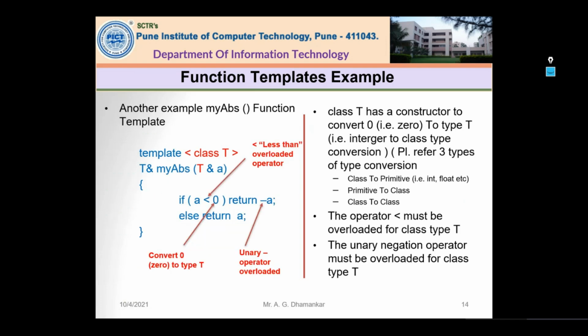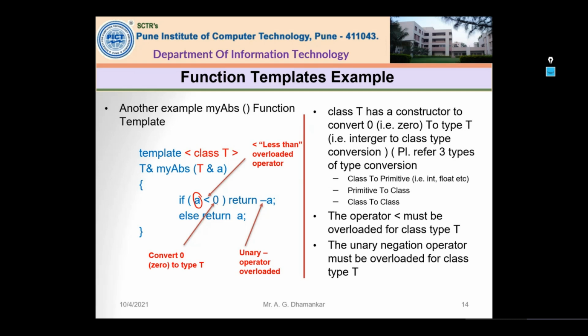Okay. Right. Let's say the absolute value function. Now observe this function. Now a is an object and 0 is a normal integer value. Now here we are comparing with the less than operator an object with a numerical value.